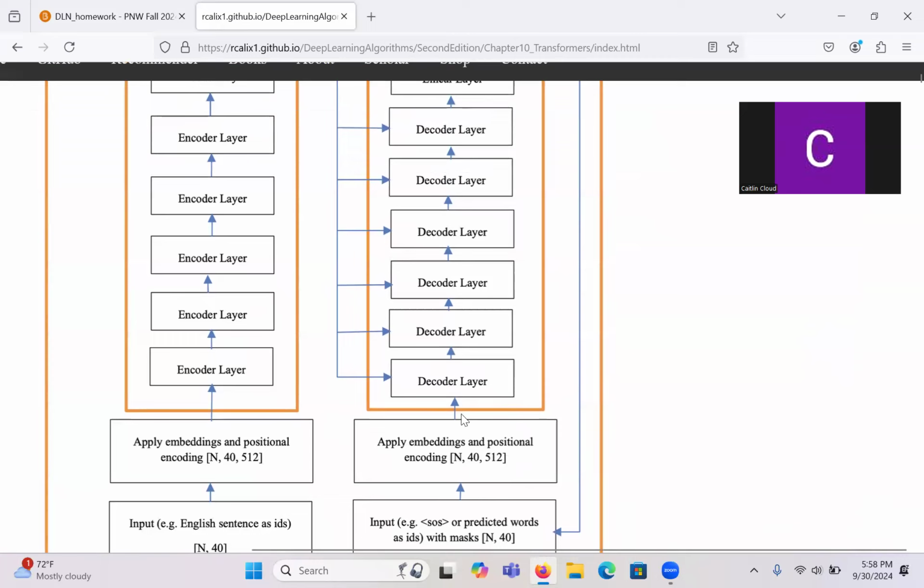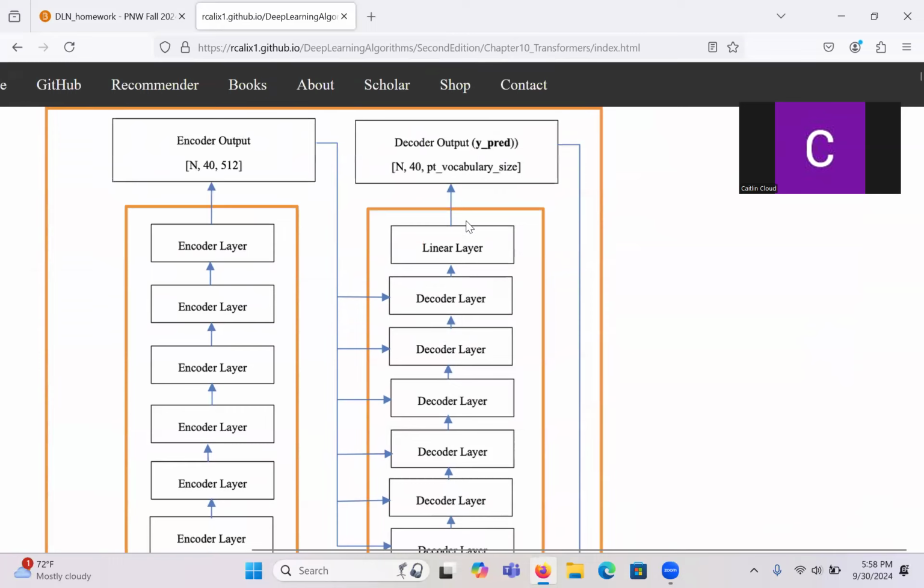The decoder layers just transform a tensor of n by 40 by 512 into another tensor of n by 40 by 512. And then the output of this becomes the input of that, and so on all the way to the end. And guess what you get here at this point? A tensor of n by 40 by 512. That's what you get. All right, so that's the basic idea.